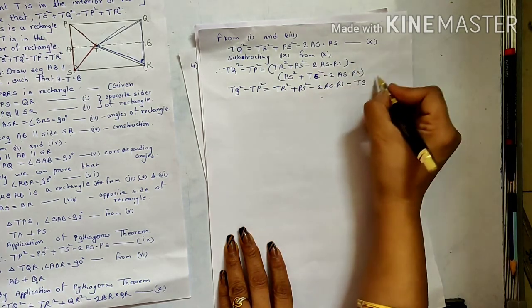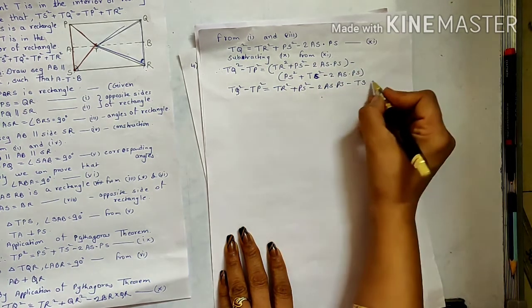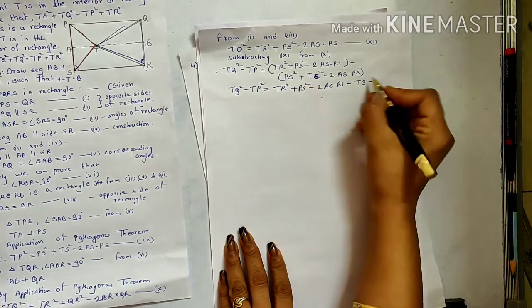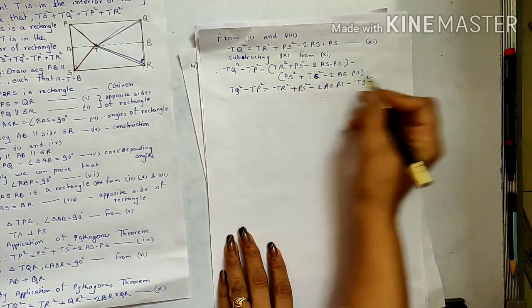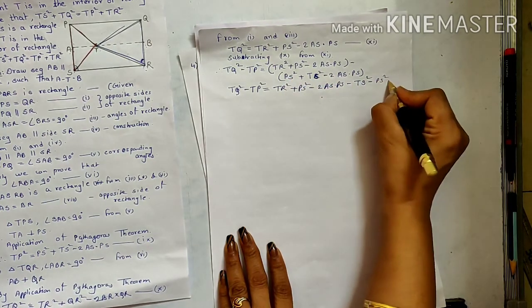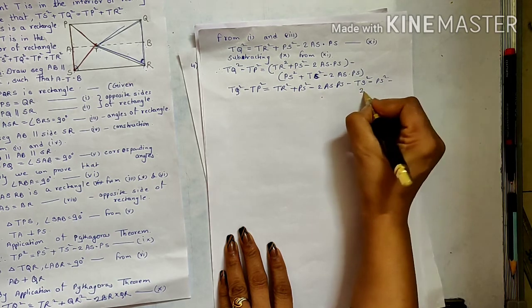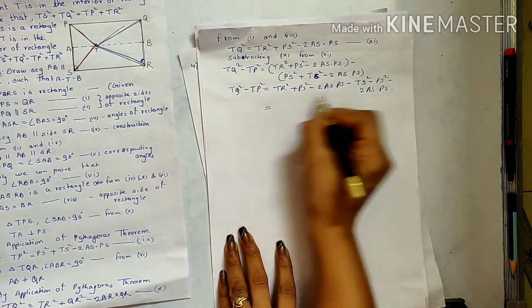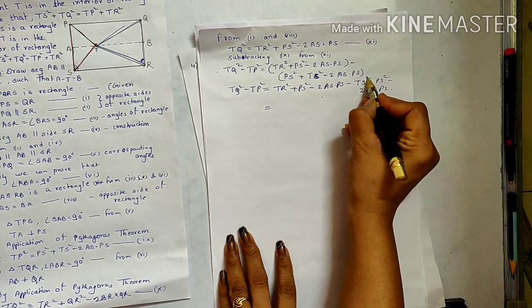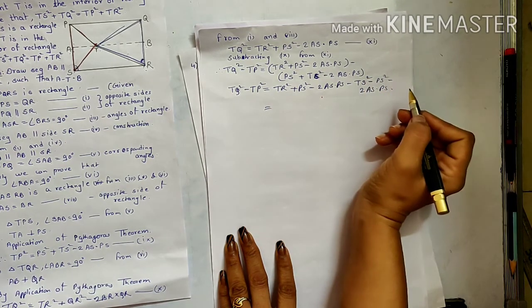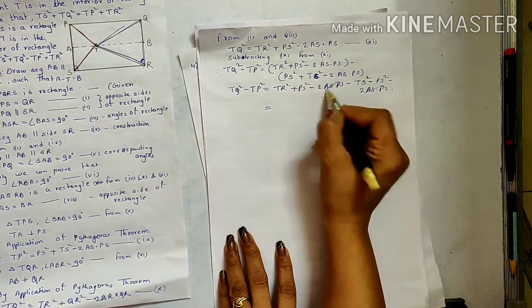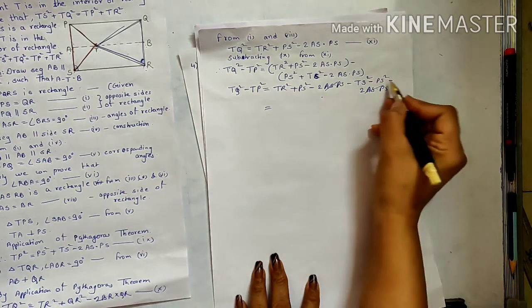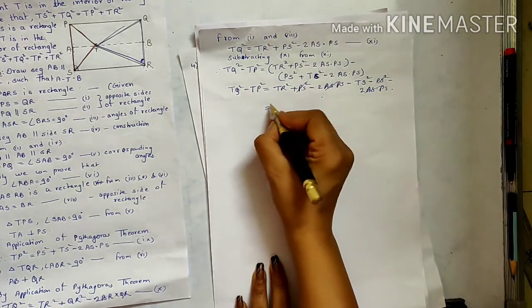Now remove the bracket. Minus minus cancels, plus PS square minus PS square cancels.